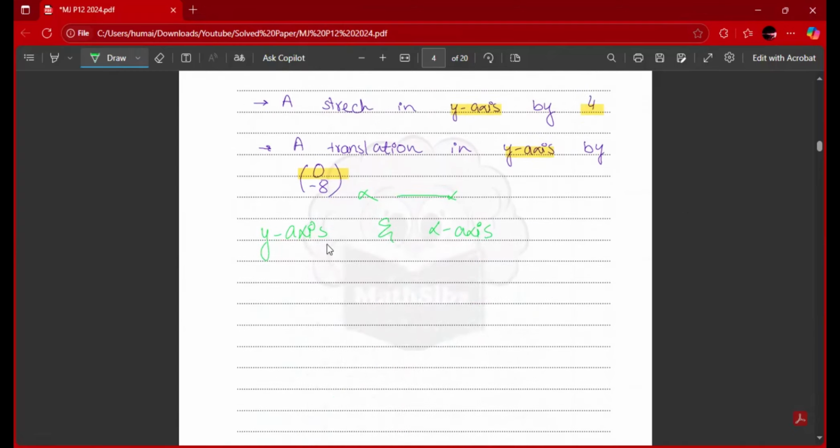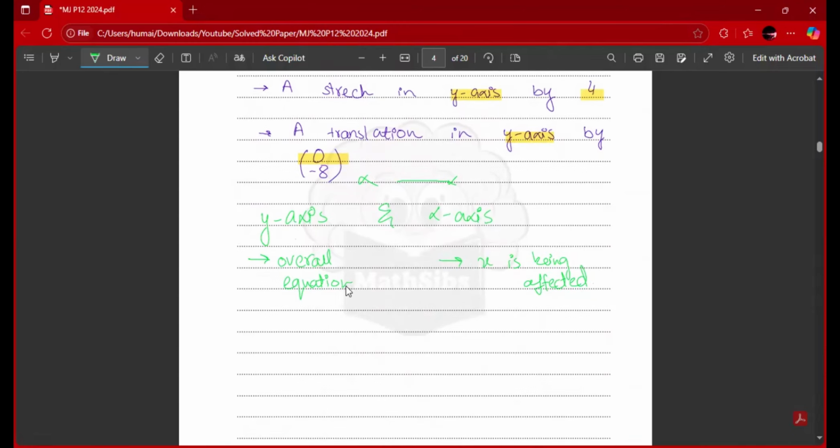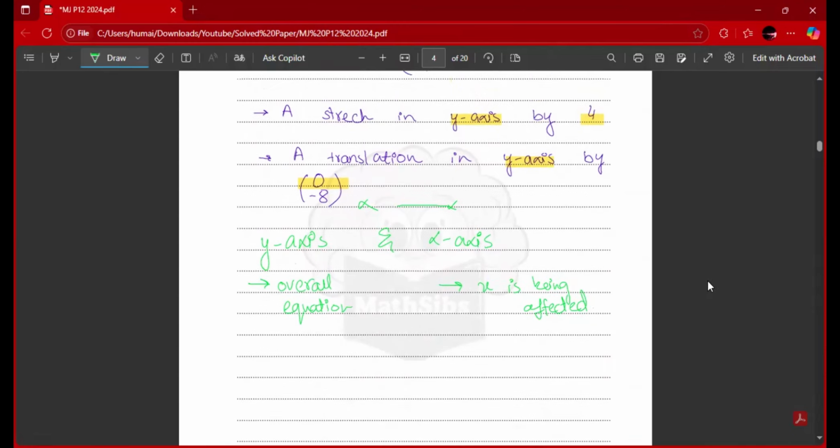In the y-axis, anything we do works on the overall equation. The overall equation is changed whenever we do something on the y-axis. But when we do it on the x-axis, only x is affected. So the overall equation means the y value is affected, and on the x-axis, the x value is affected.